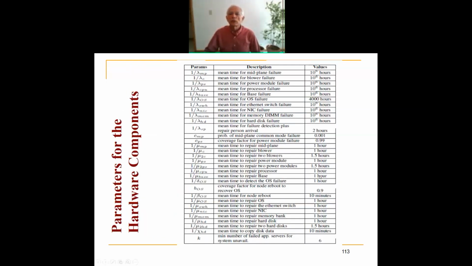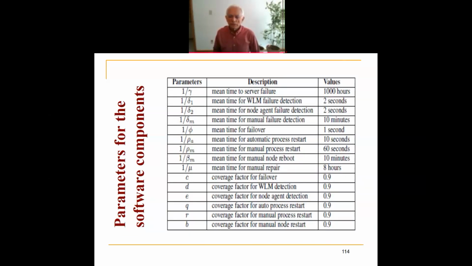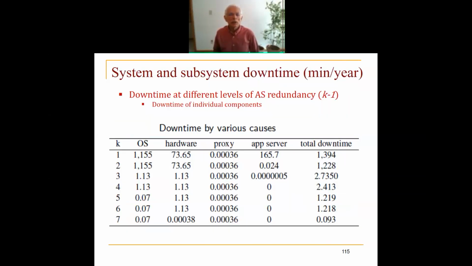Anyway, just to give you the realism here, these are the set of parameters, and these are not the real values, but each parameter in the model was given a value, and then we solve the model, and we vary k. Remember, k is the number of components, and we not only compute.